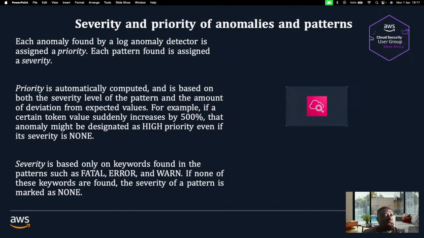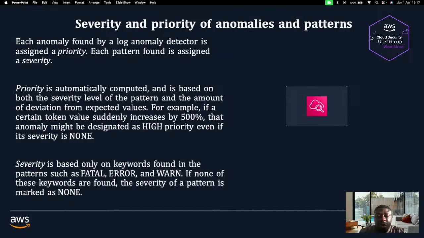All of a sudden, you see that the size of the files being copied has increased from 50 MB to 5 gig. Now, based on the amount of deviation from the normal value, you get what is called the severity.